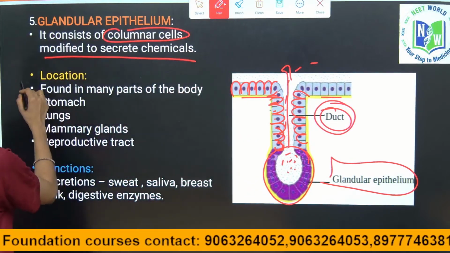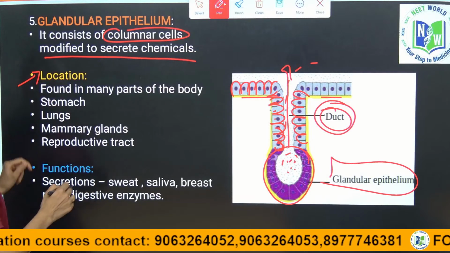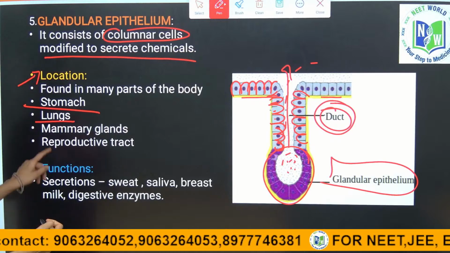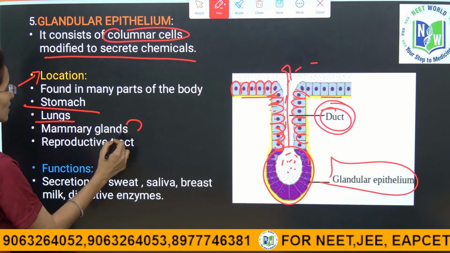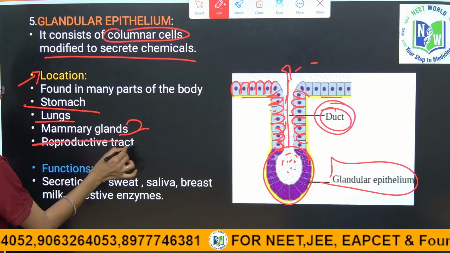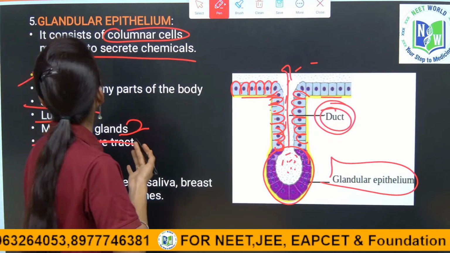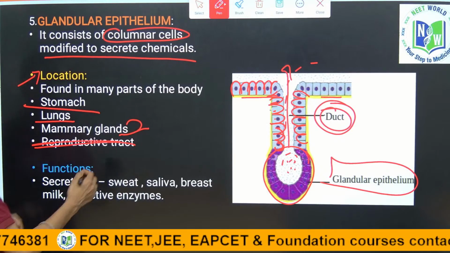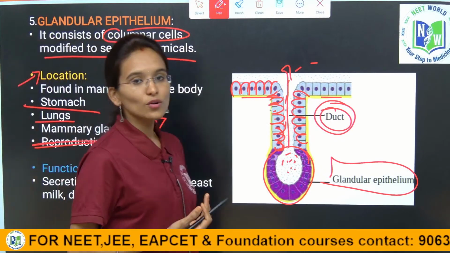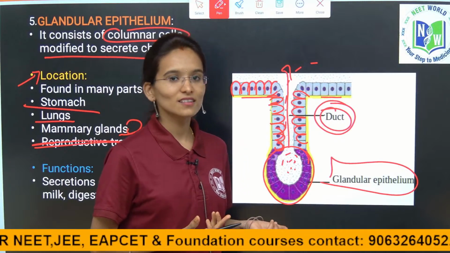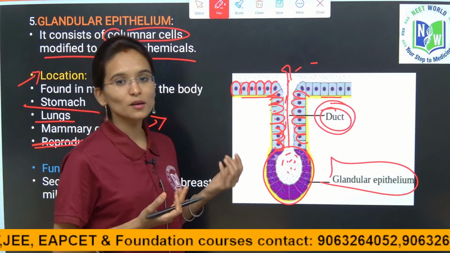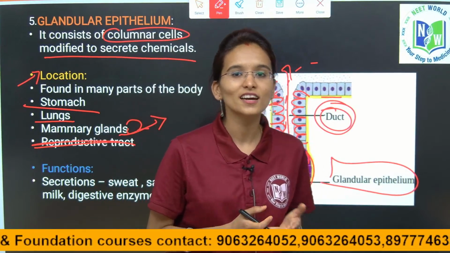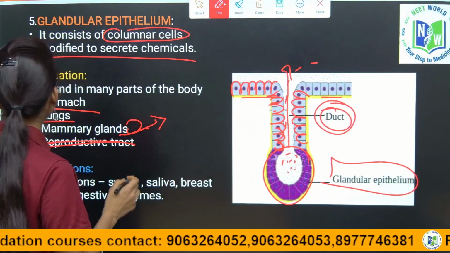Coming towards the location, it is found in many parts of the body like the stomach, lungs, and mammary glands. The reproductive tract does not come under glandular epithelium. Please note down only these 4 points. Mammary glands are involved in the secretion of milk, so that is also one type of gland.